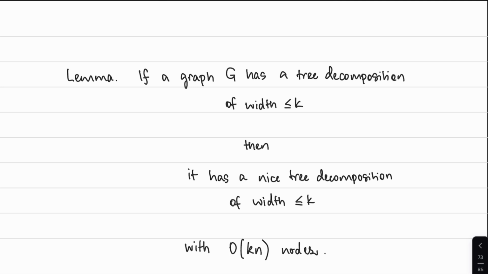So first of all, there's a general way that you can turn any tree into a binary tree, hopefully while still preserving the properties that you care about.